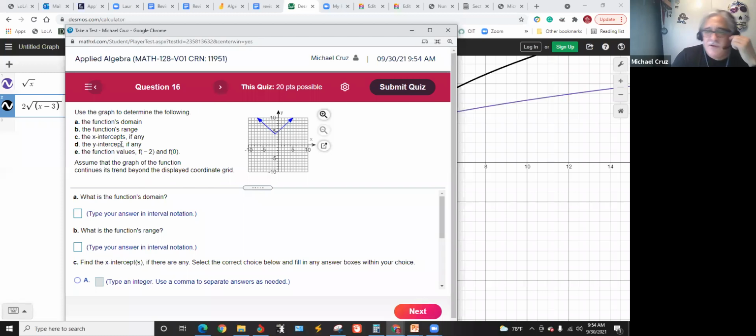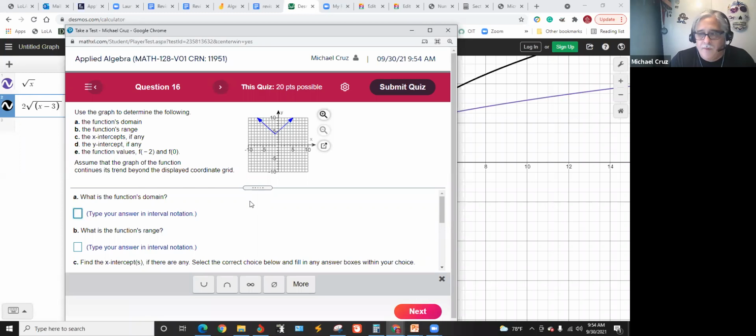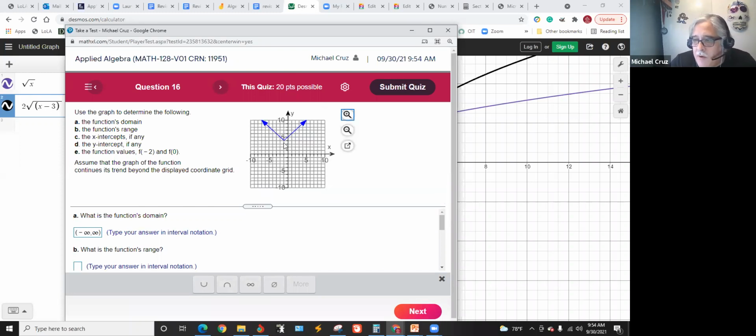All right. So the function's domain. Well, if it's a function, all right. The range, you're looking at just the bottom portion. That's the only thing that we got to worry about, and that looks to be 4. So the lowest it ever gets is 4.